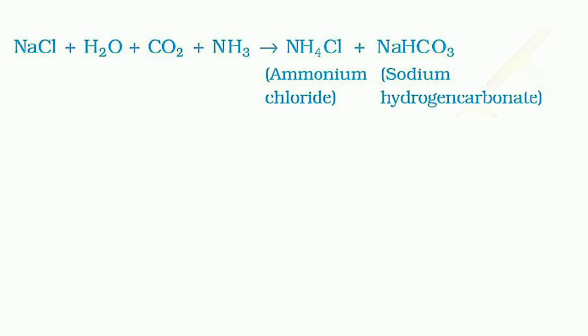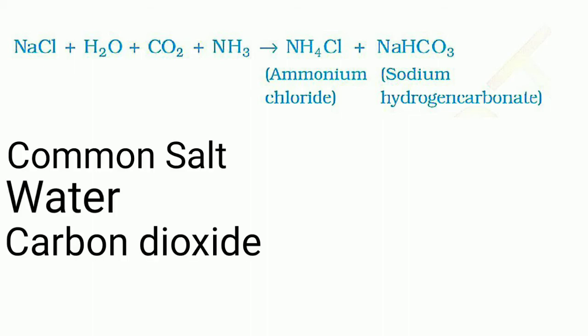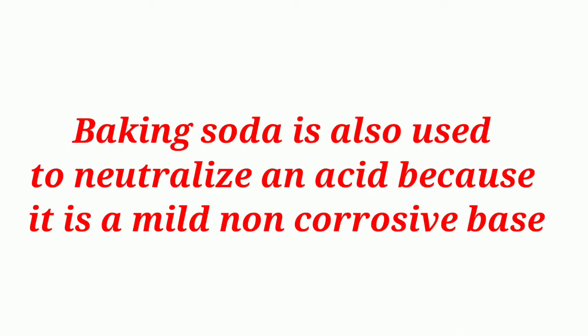Here we combine common salt, water, carbon dioxide and ammonia. It forms two products, which are ammonium chloride and sodium hydrogen carbonate. The sodium hydrogen carbonate is used to neutralize an acid because it is a mild non-corrosive base.